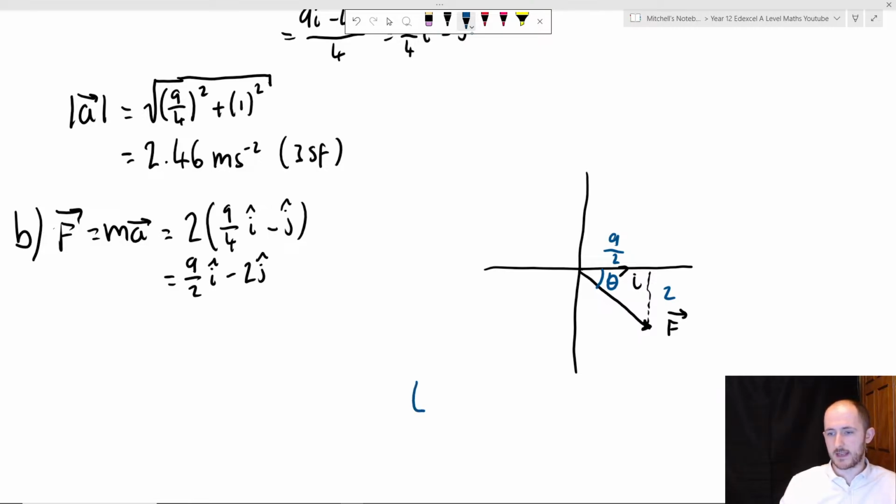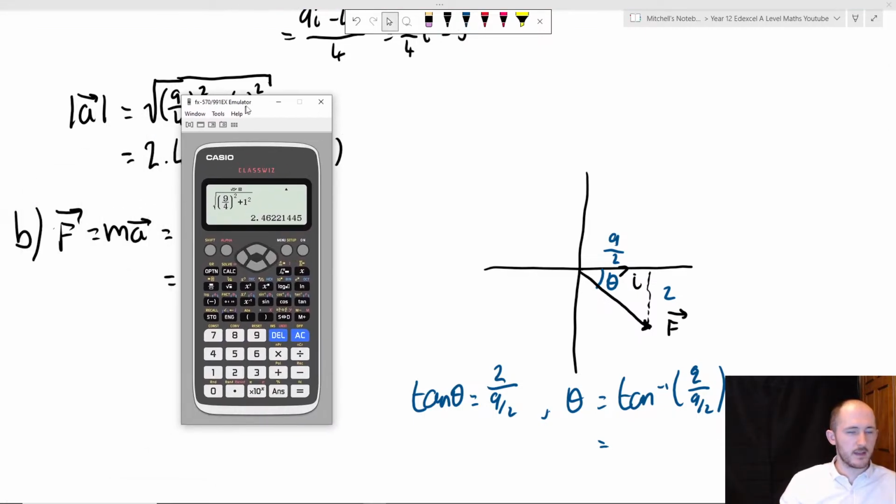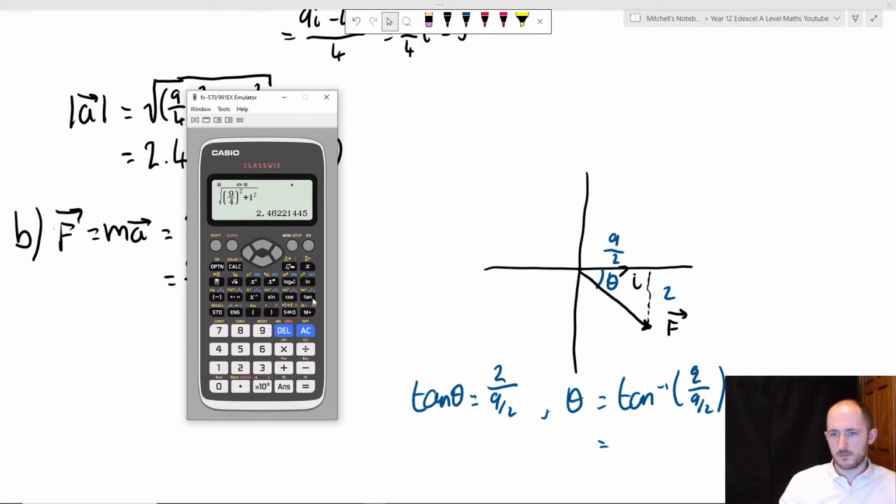So in this case we have tan theta equals opposite over adjacent. We have 2 over 9/2, which means theta equals inverse tan of 2 over 9/2. Which is the exact same thing as usual, 2 over 4.5.